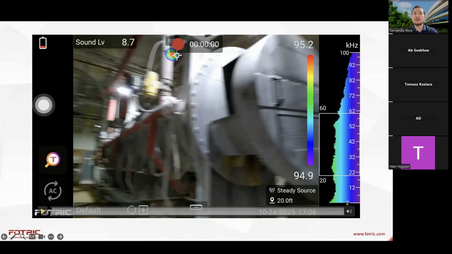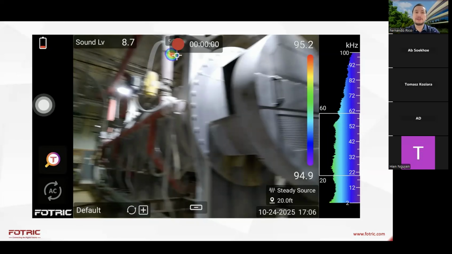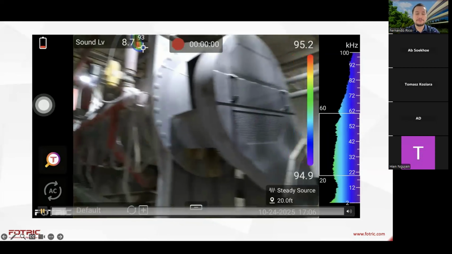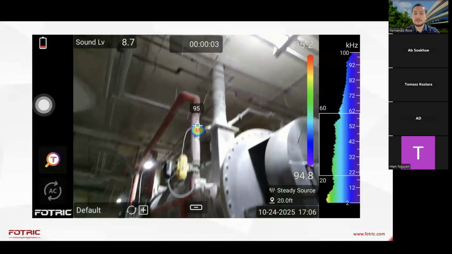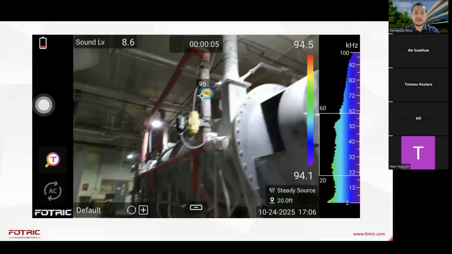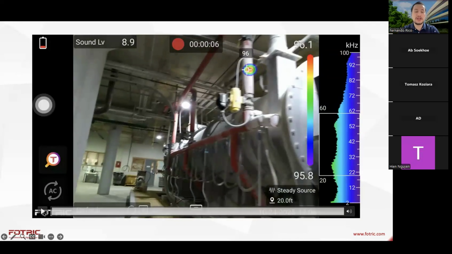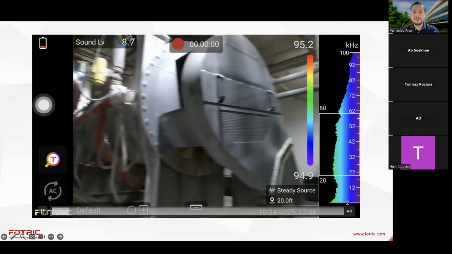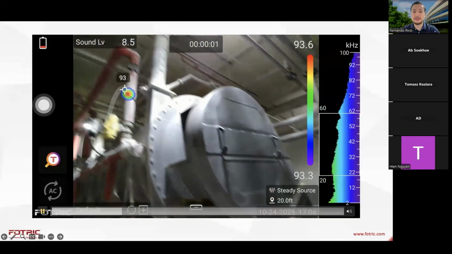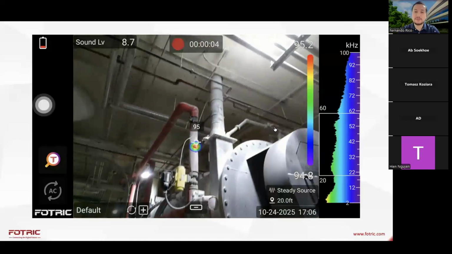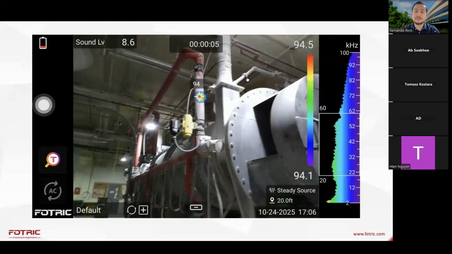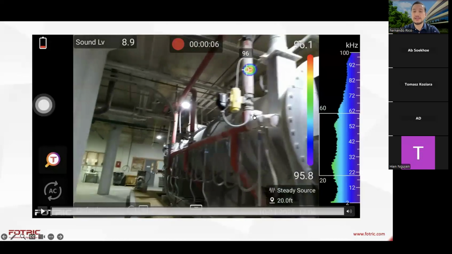This is how it looks on a similar setup to find a leak with a FOTRIC acoustic camera. Moving the camera around, it doesn't matter the position or the angle, the camera remains locked on to the specific spot where the leak is located so that instead of performing a scan on every single part of the pipeline, you're able to see where the leak is located.